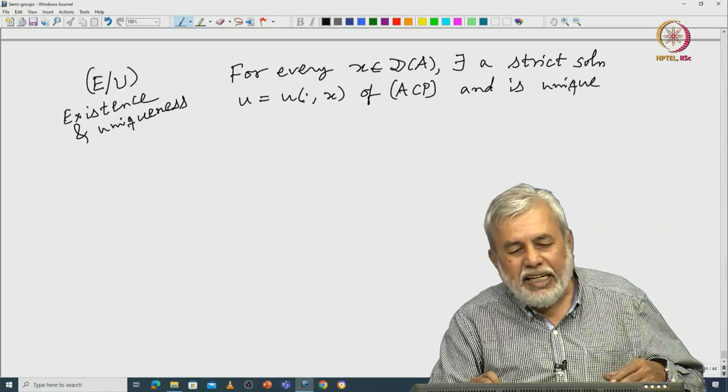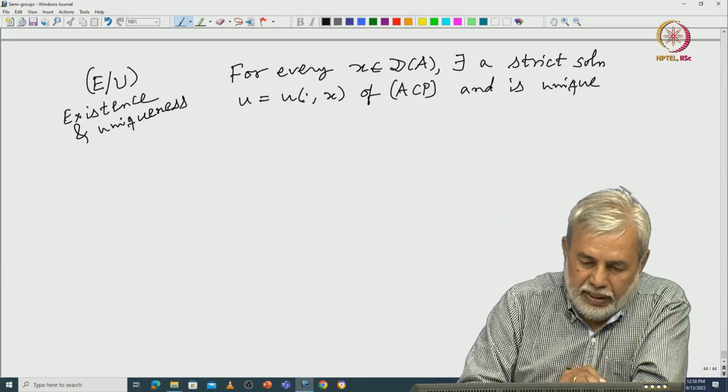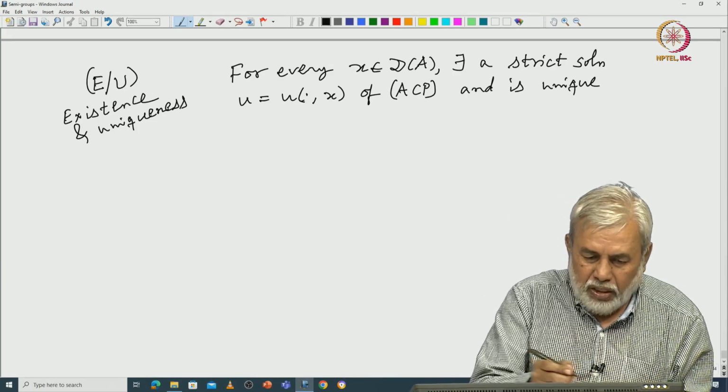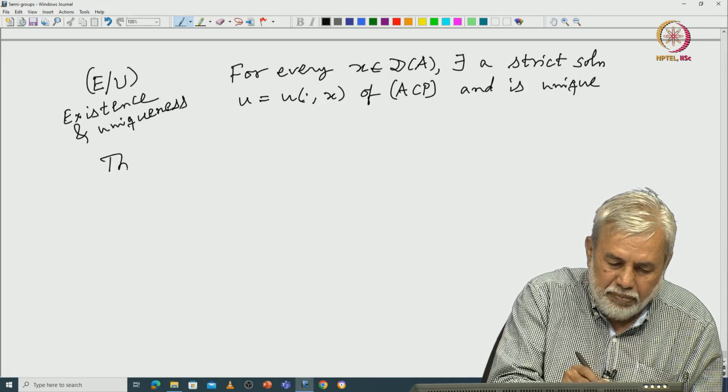So under this condition we want to prove that A actually generates a semigroup. So let me just state it as a theorem.